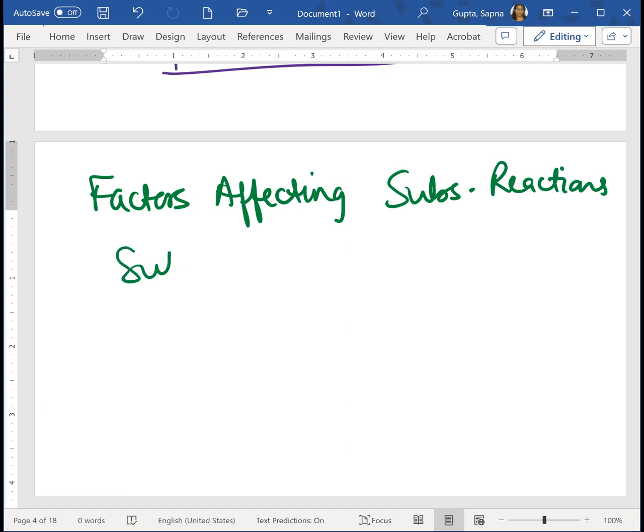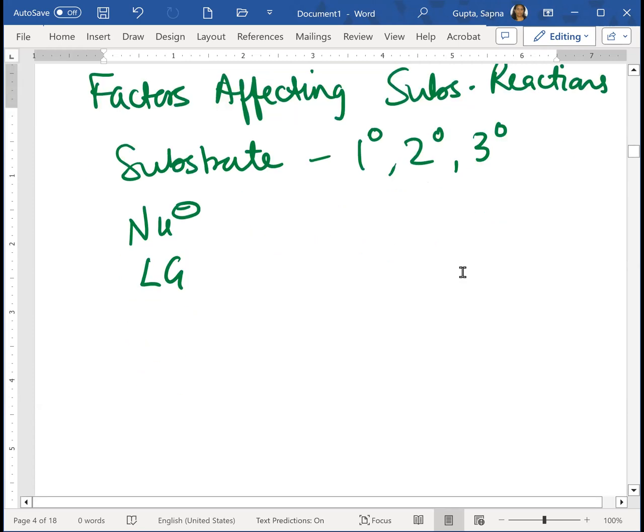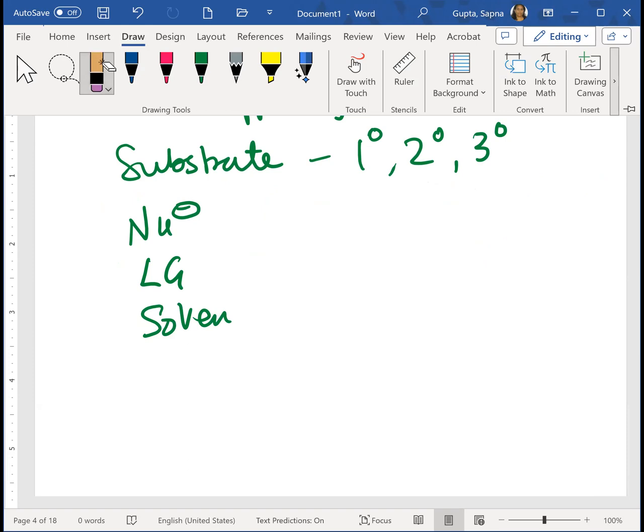One is going to be substrate, of course, because that's the biggest thing in there. There are 3 kinds of substrates. We'll talk about the nucleophile, which is a big deal. We'll talk about the leaving group, which is also a big deal. And we'll talk about solvent. Not such a big deal, but still a big deal.